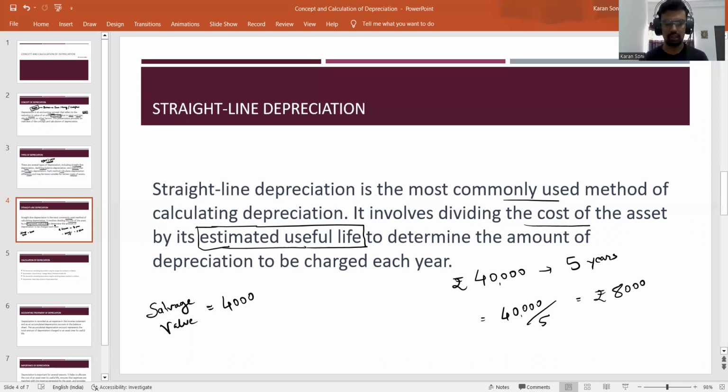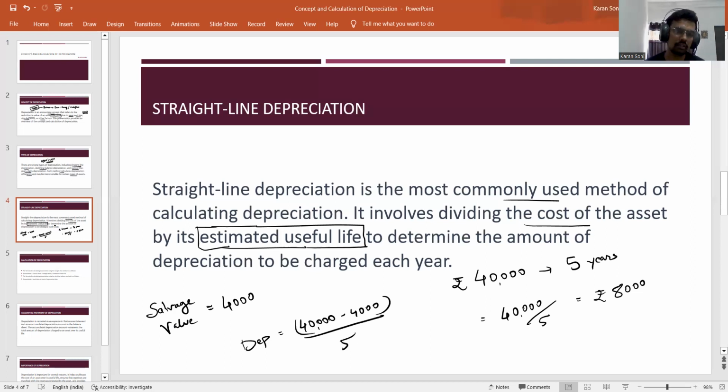Now if we have a salvage value given, we calculate depreciation by deducting the salvage value from the cost of the asset. I'll deduct 4,000 from 40,000 and then divide it by 5.